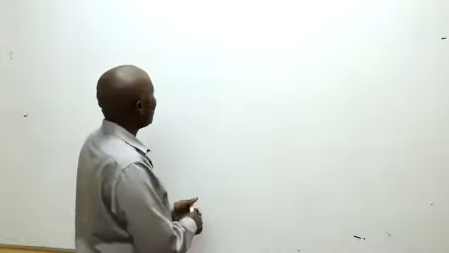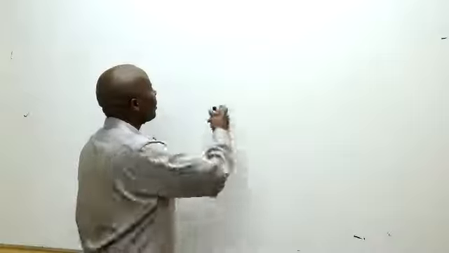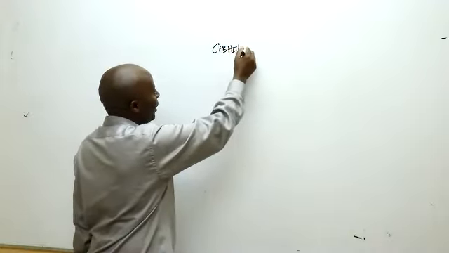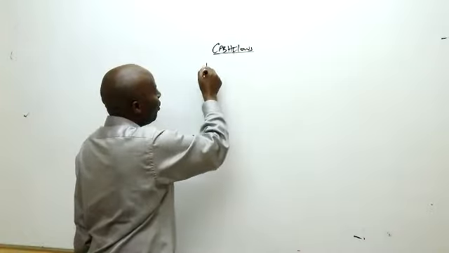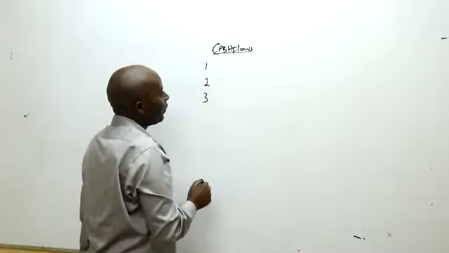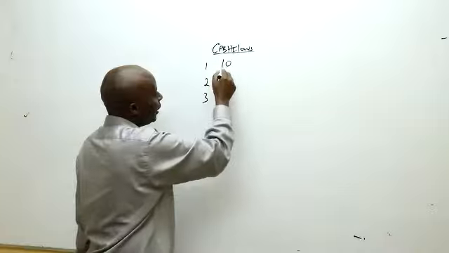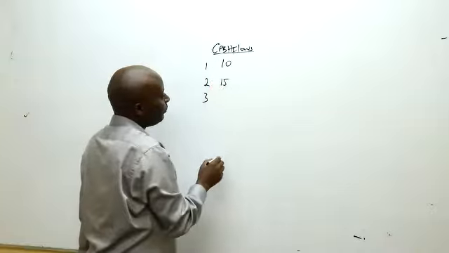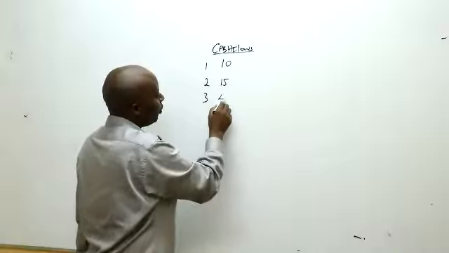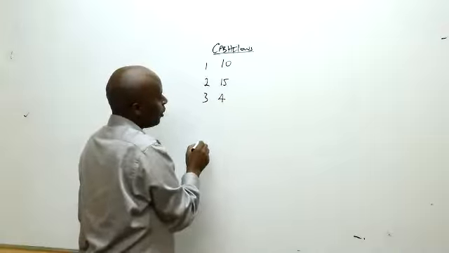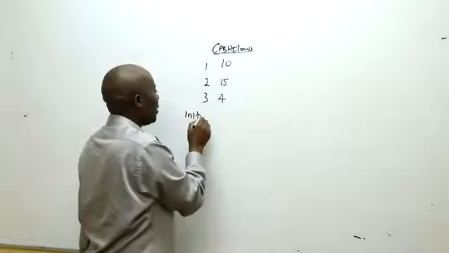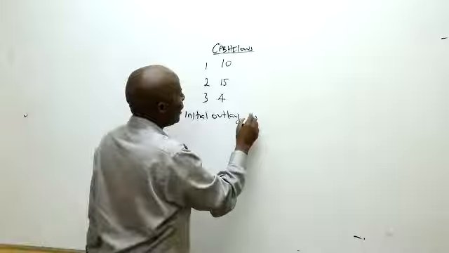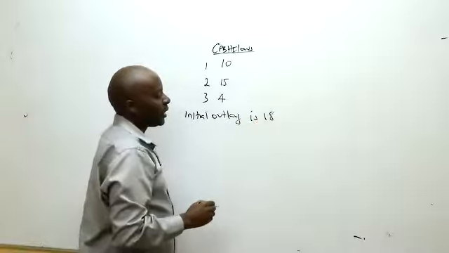If, for example, you are given cash flows: the examiner gives you year 1, year 2, year 3. Year 1 cash flow is 10, year 2 cash flow is 15, year 3's cash flow is 4. And then he tells you that the initial outlay is Kenya shillings 18.